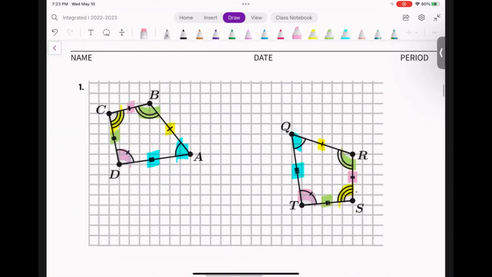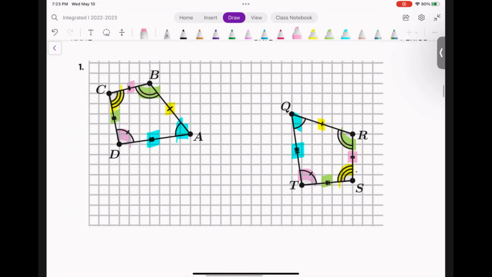So you're looking at this, and what you're trying to do is get ABCD onto QRST. Now, there's a lot of different ways for you to do this, but your job is to come up with the most efficient way. That way, you're not doing extra steps or you're not missing any steps.